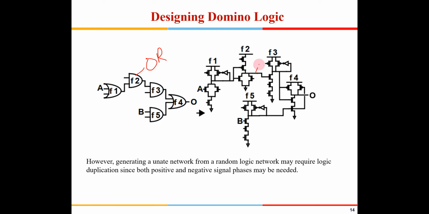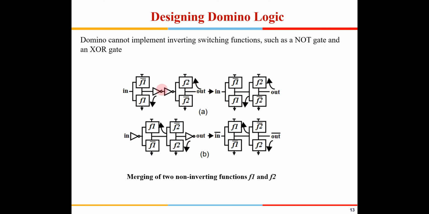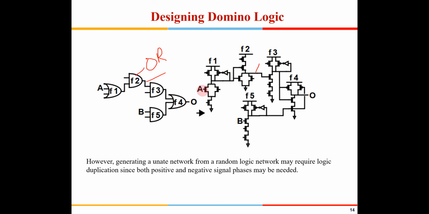So here I am going to get this function out here, because these two inverters have got cancelled out here, right? So both are non-inverting functions here. Now what is available from here and from here, they get cancelled here.